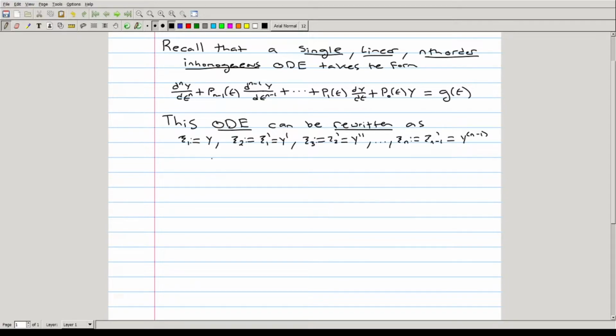So we have then that xi prime is the vector xi_1 prime, xi_2 prime, all the way down to xi_{n-1} prime and xi_n prime, because xi is the vector function xi_1 to xi_n.